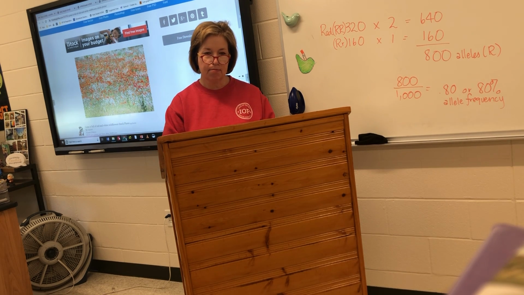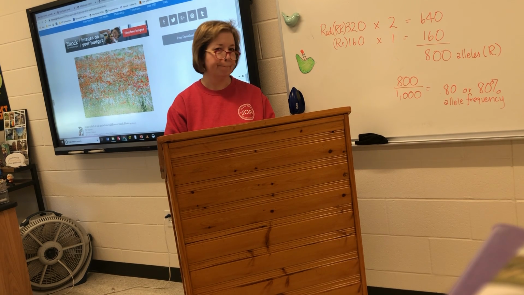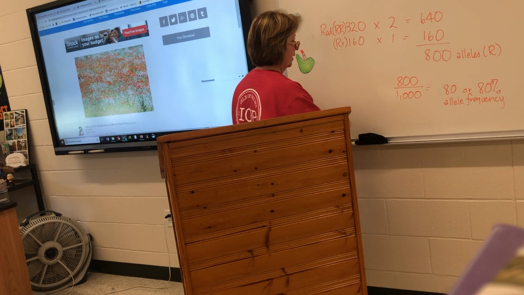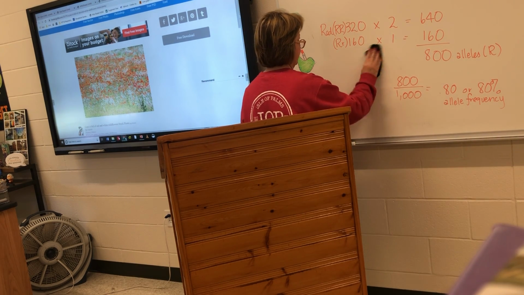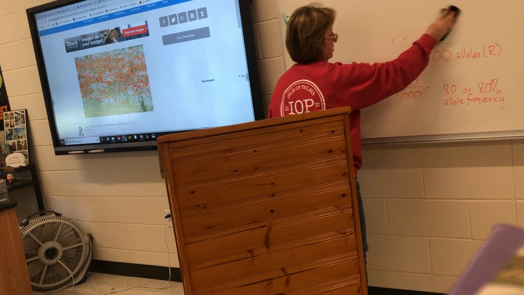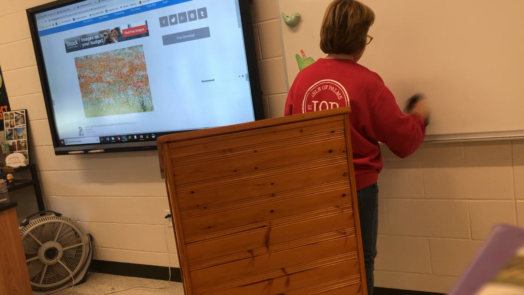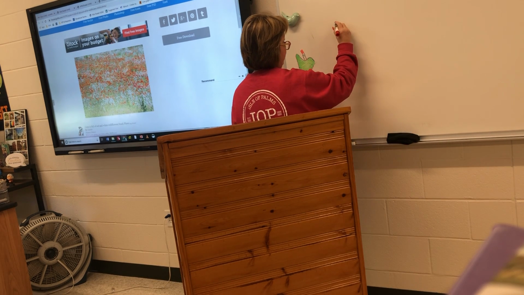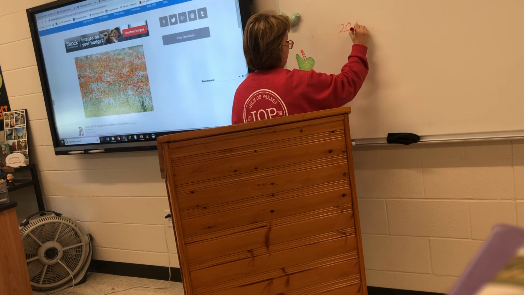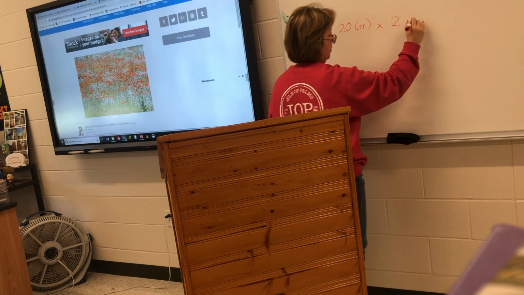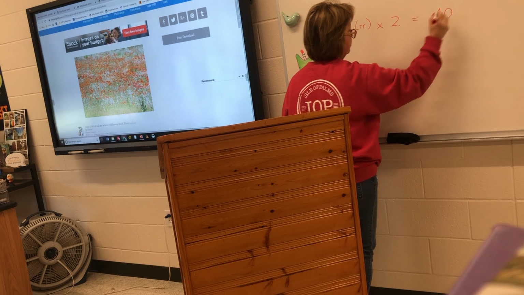Now, what do you think the allele frequency for little r would be? Well, we can do the math. You could go ahead and think in your head, all right, so if we have 20 individuals that are little r, each of them has 2 copies of the little r allele, so that's 40.